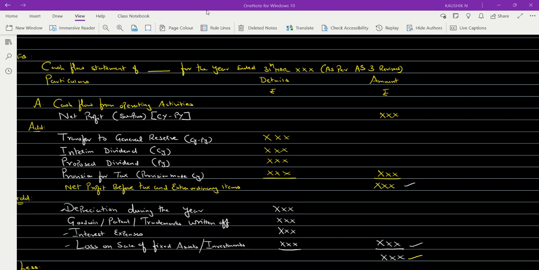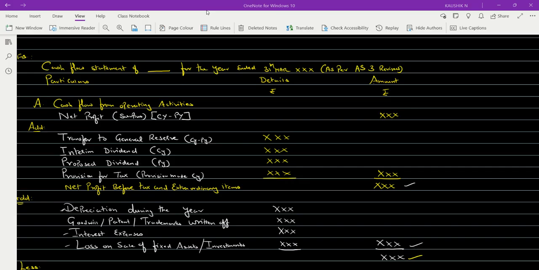But one thing you have to understand: the sale of fixed assets, when I say it, is not for intangible, it is only for tangible. Why, if you ask? Many people go wrong here by understanding wrong concepts.